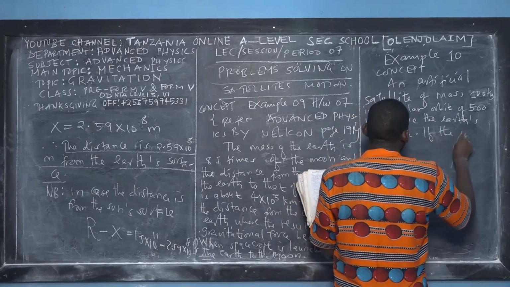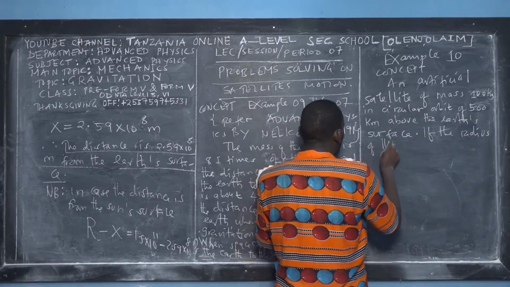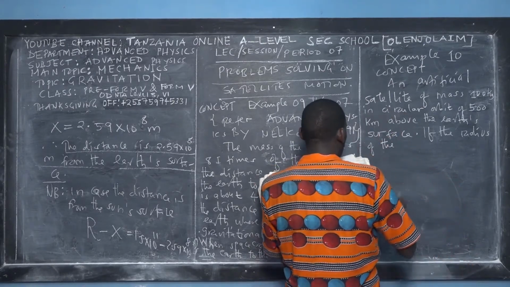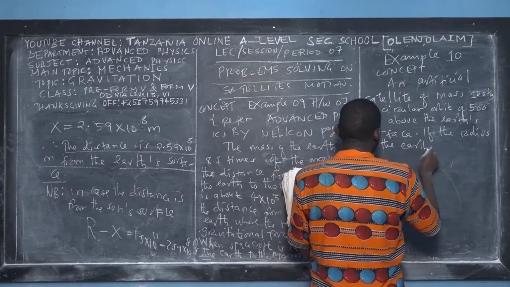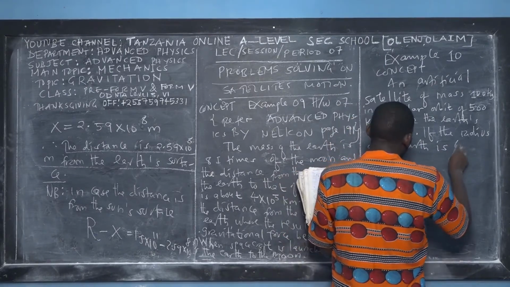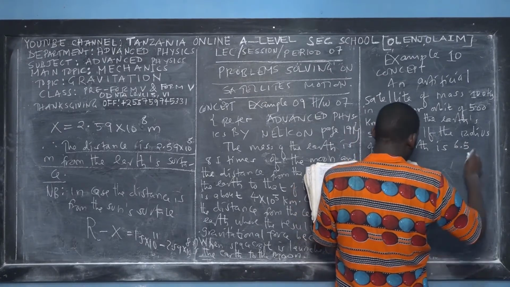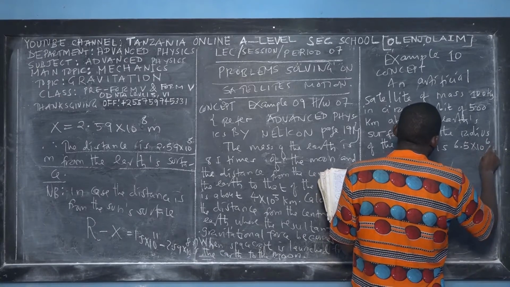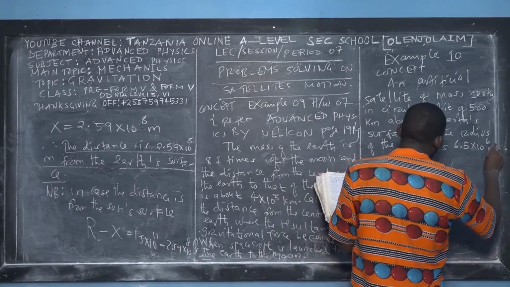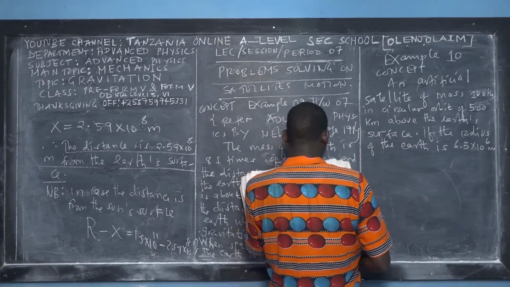If the radius of the Earth is 6.5 exponent 6 meters, find the following.